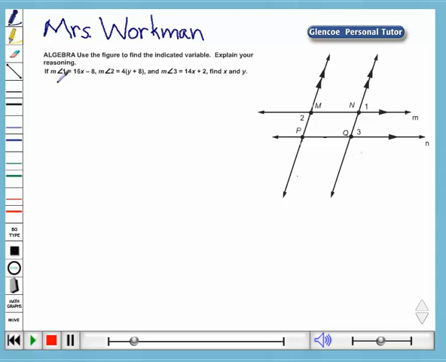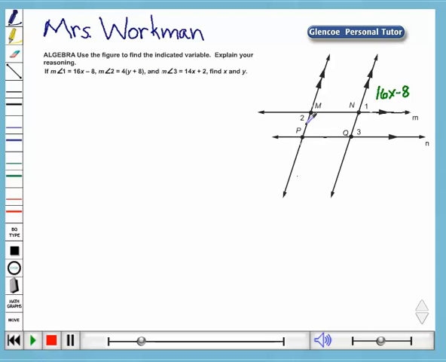We're told that the measure of angle 1 is 16x minus 8. Here is angle 1, and so I'm going to put 16x minus 8 right here. I'll need that later. We're told that the measure of angle 2 is 4 times the quantity y plus 8.